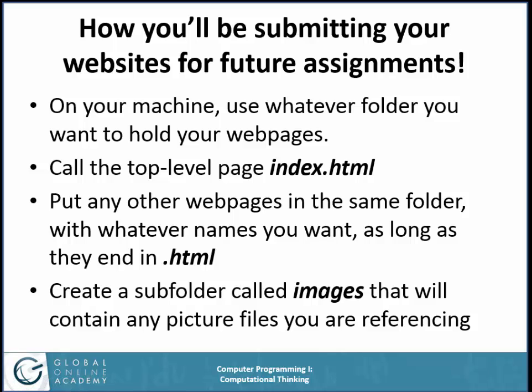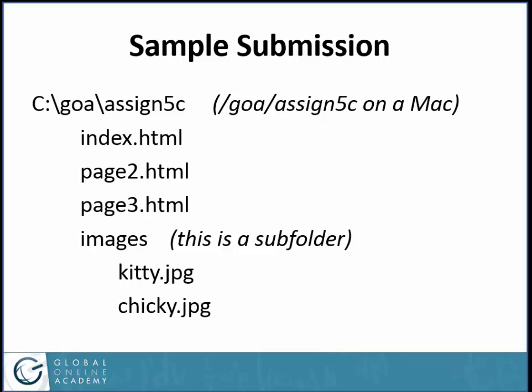So, for example, if I had a folder on my PC on the C drive called GOA assign 5C for assignment 5C, or maybe on my Mac, GOA assign 5C. If that was the name of a folder, that's great.